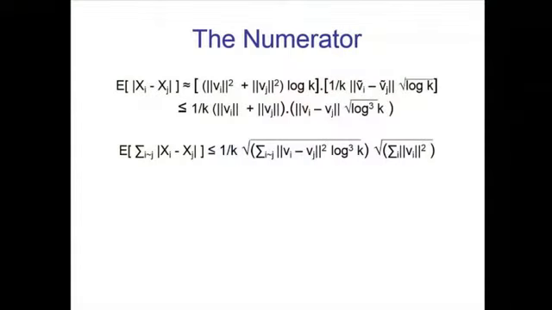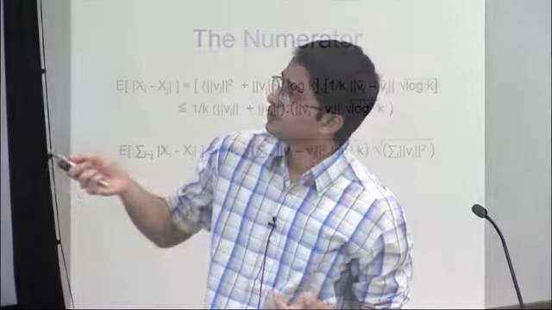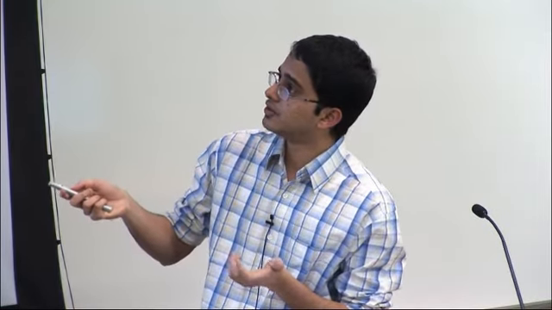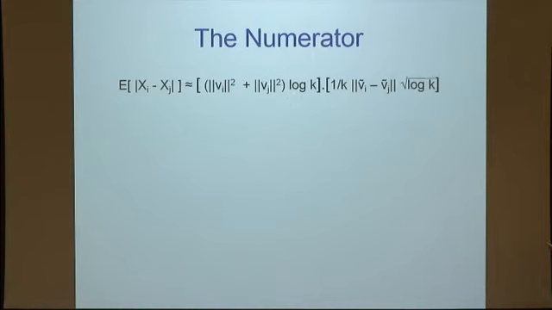Okay, so moving on. Now I'm ready to calculate the expected value of xi minus xj. When xi is, say, 0 and xj is non-zero, the expected value of xj looks like this, bj squared times log k. The probability of that event happening is this. And when the opposite event happens, xi is non-zero and xj is 0, the expected value looks like this.